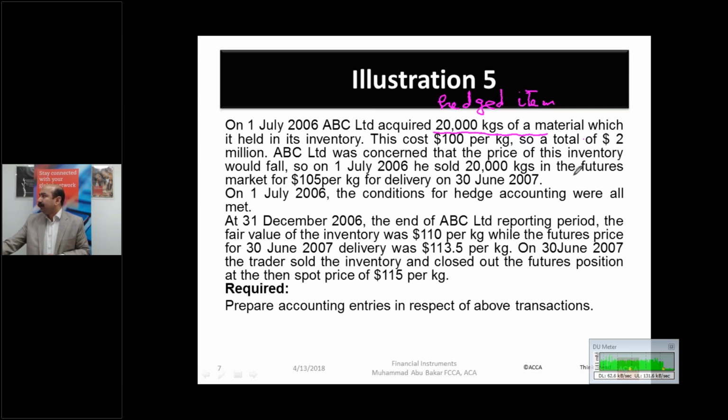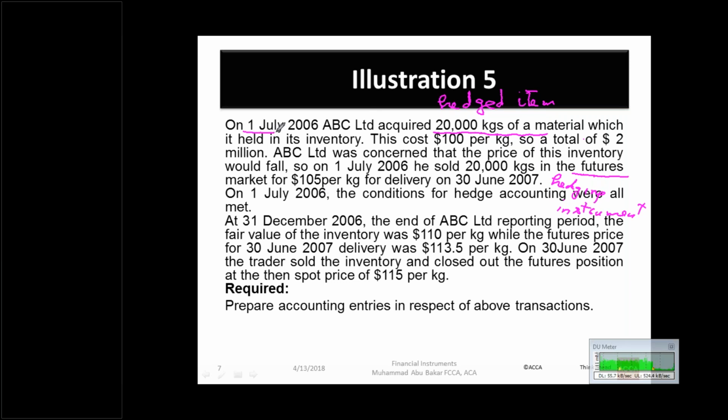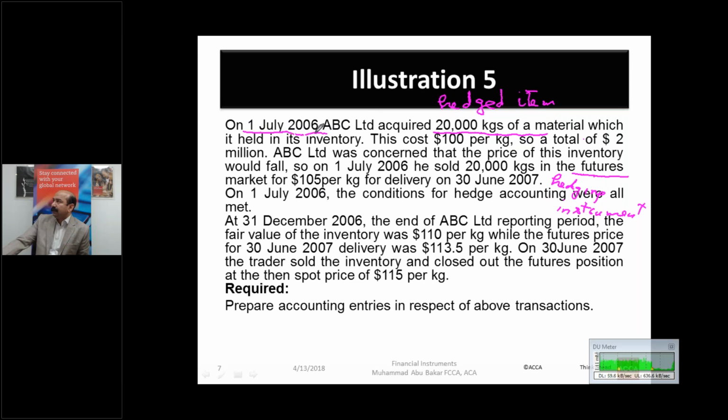And future contracts are the hedging instrument, the instrument which is used for hedging purposes. This is the date when we entered into a future contract for the same amount of inventory.